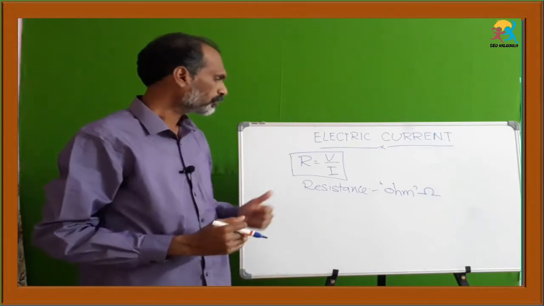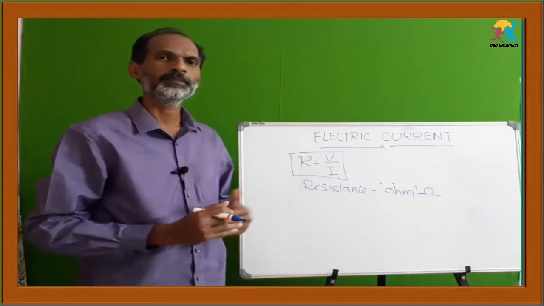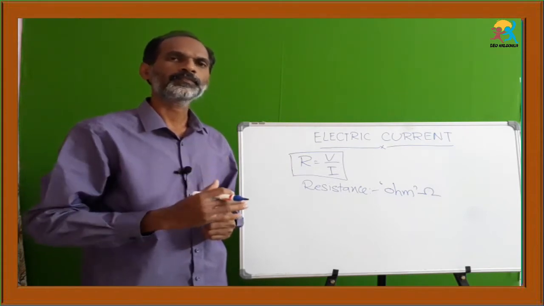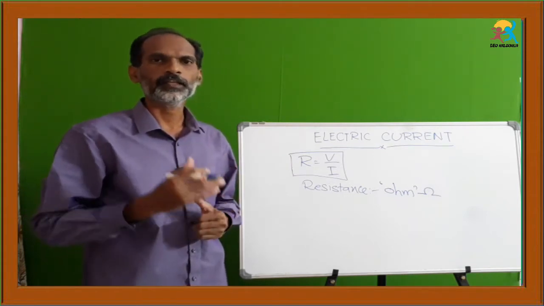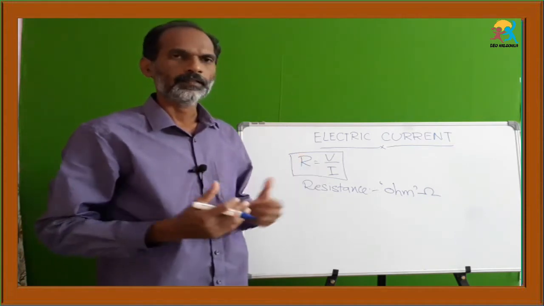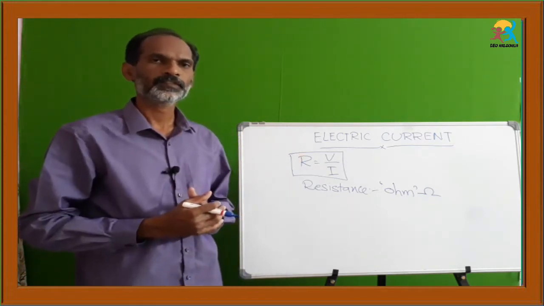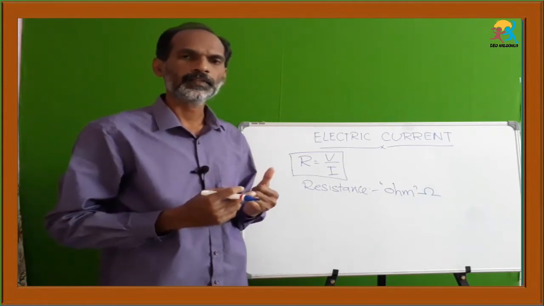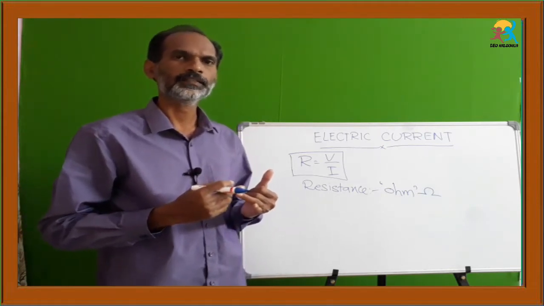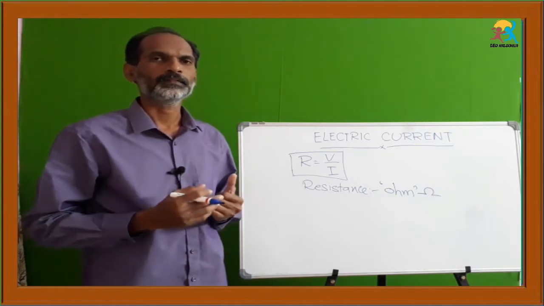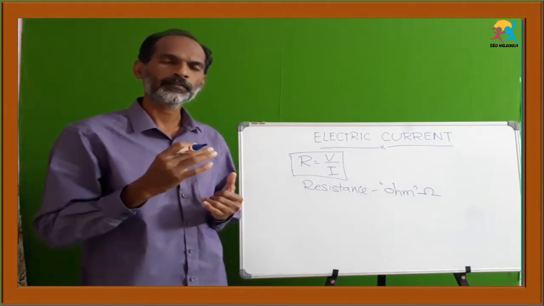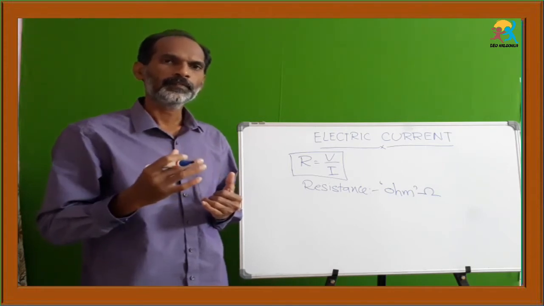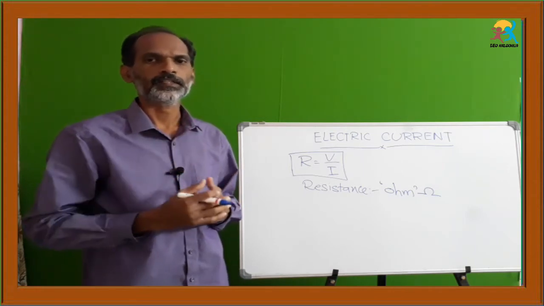One more thing: there are some limitations to Ohm's law. We cannot apply Ohm's law to all kinds of substances in our surroundings. It cannot be applied to gaseous conductors as well as some semiconductor devices. So Ohm's law can be applied only under some conditions.